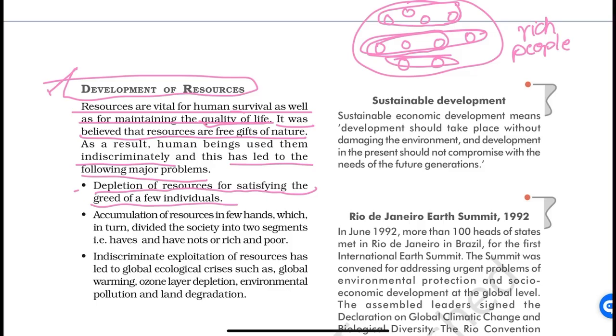The two rich people use resources very indiscriminately. The four poor people can't afford the resources needed for their survival, and the four of middle class can't afford very expensive resources that they should have.